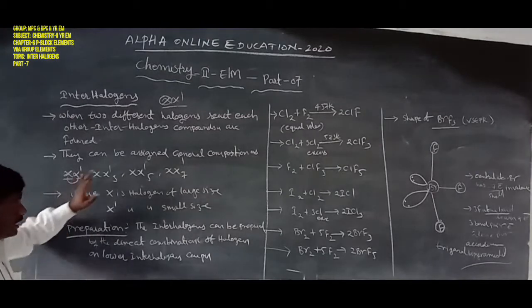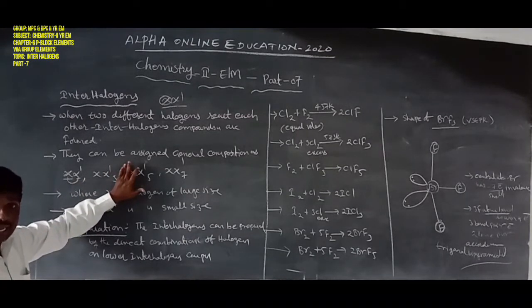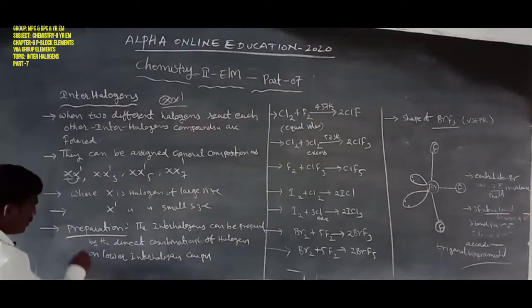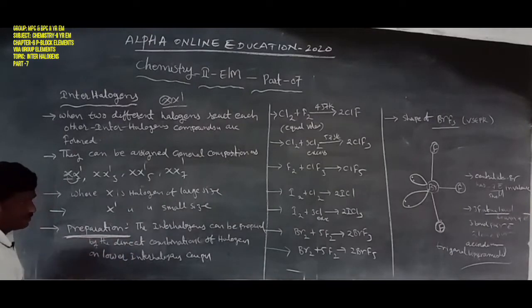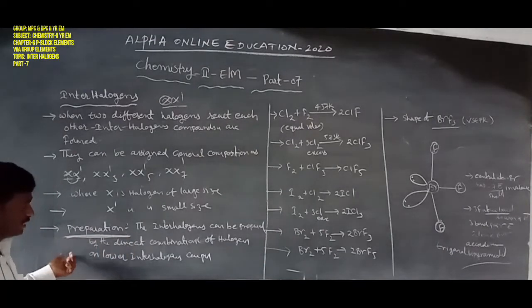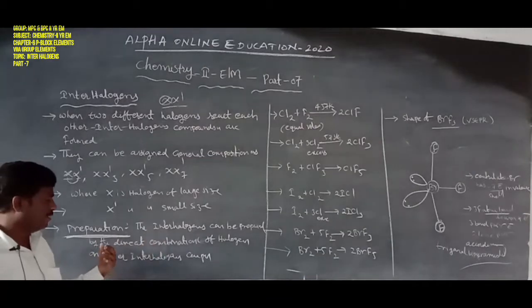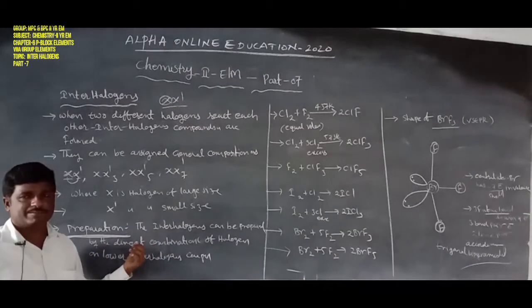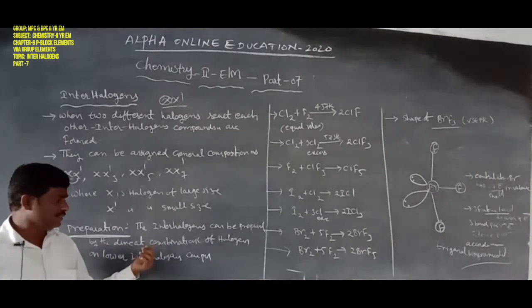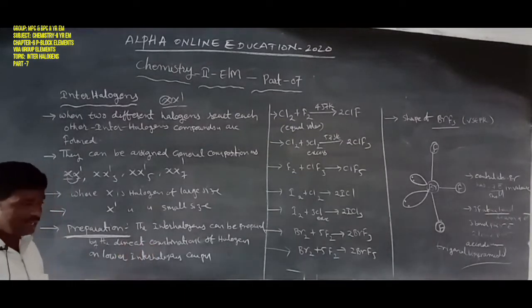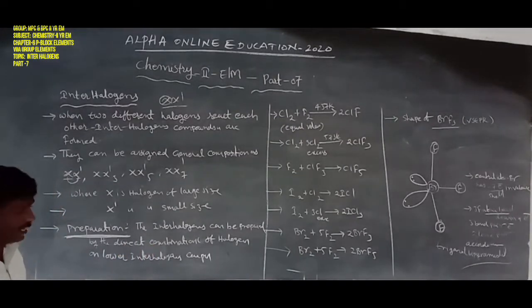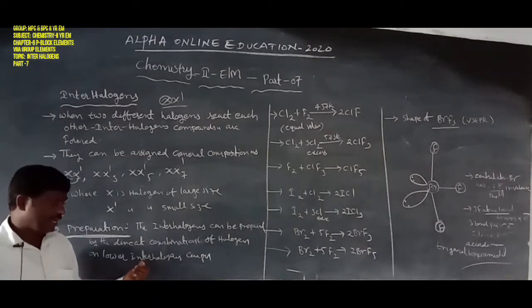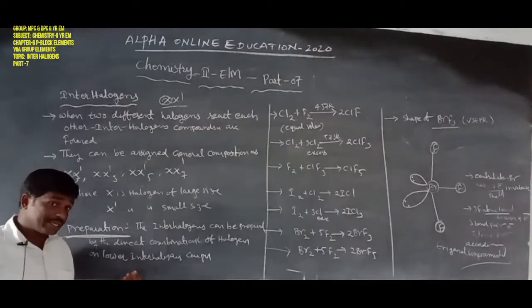Next, the interhalogens can be prepared by laboratory methods or different methods. Here is the preparation of the interhalogens. The interhalogen compounds can be prepared by the direct combination of halogens, or by treating a halogen with a lower interhalogen compound.